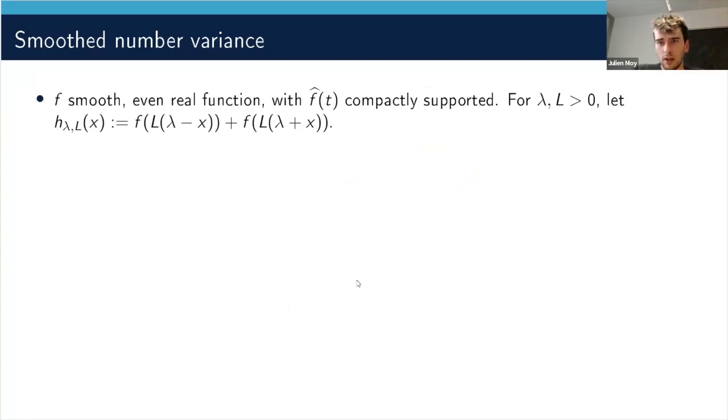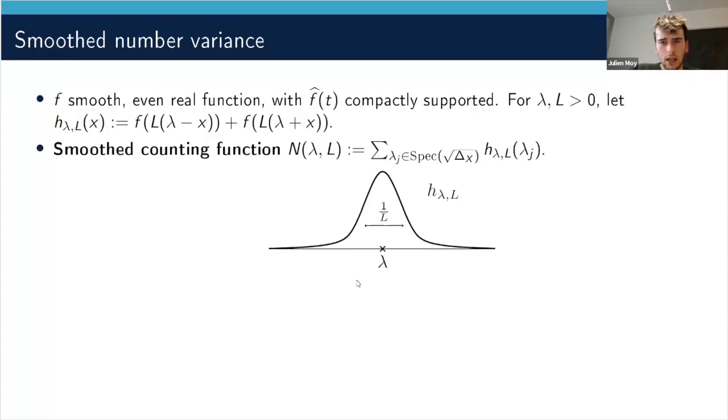And when this is done, we take some numbers lambda, think of it as a frequency, and L, which should be thought of as a time, actually, inverse frequency. And we look at this new function, h of lambda L, that takes these two parameters. And with this function, we will introduce a smooth counting function for the eigenvalues of the Laplacian. Actually, what we will count is not eigenvalues of the Laplacian, but square roots of eigenvalues of the Laplacian.